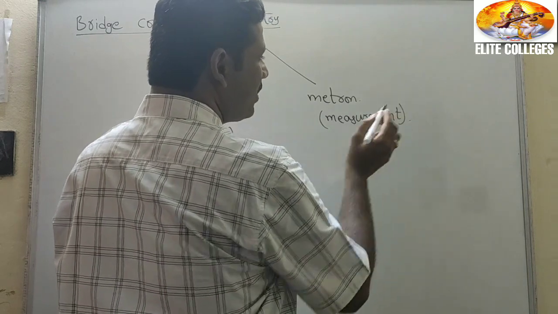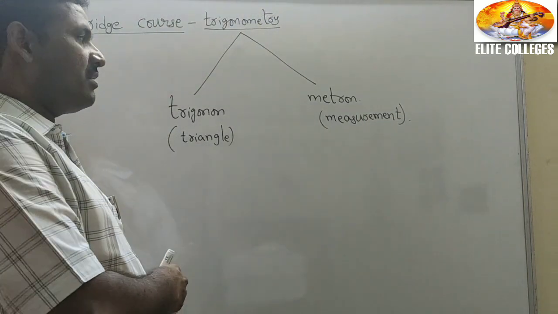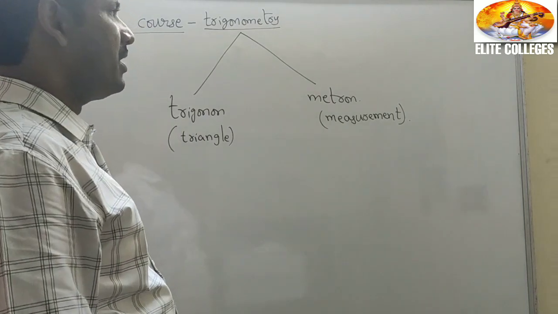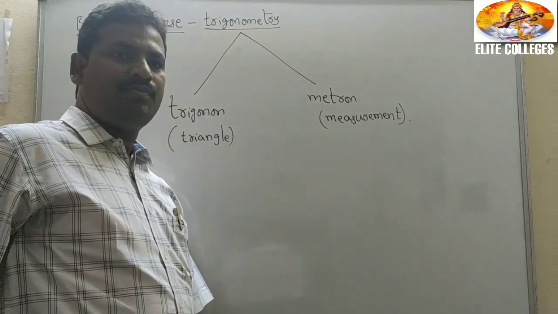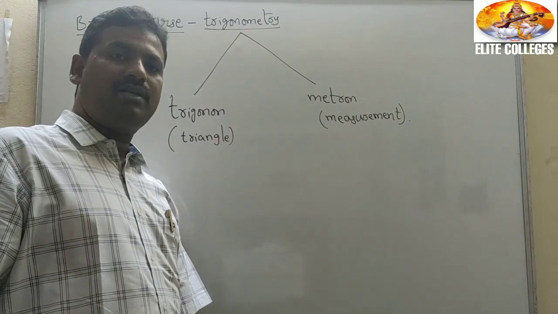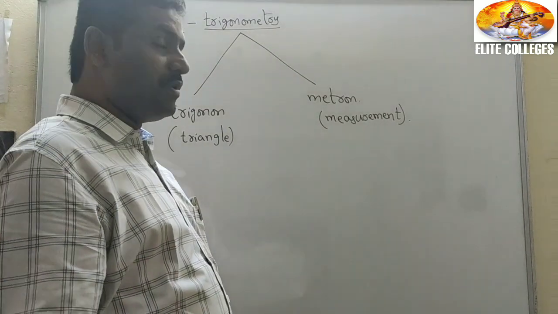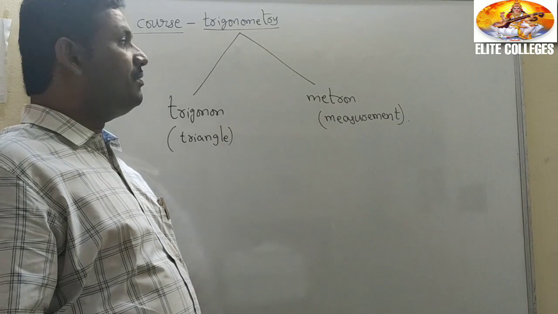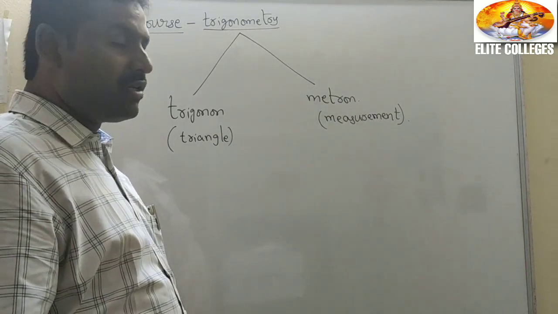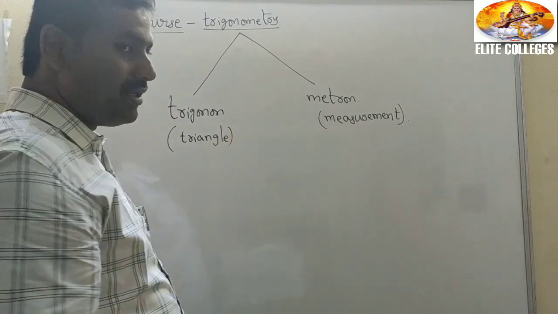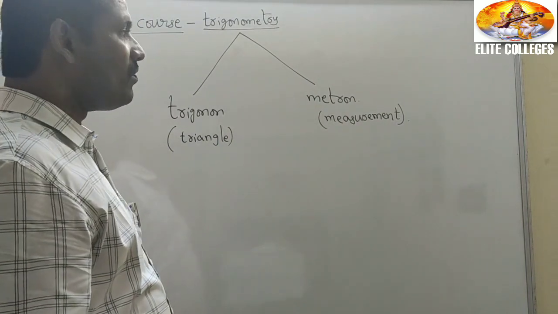So trigonometry is the science that deals with the measurement of triangles. Trigonometry has great use in the measurement of areas, heights and distances.